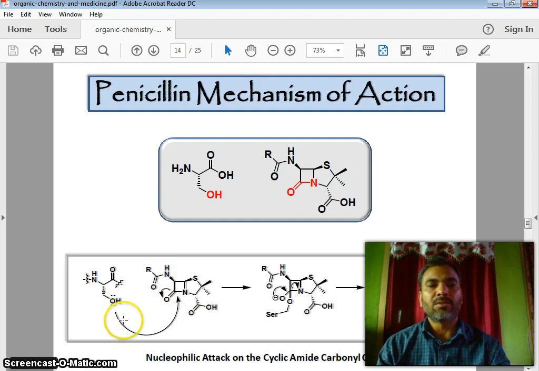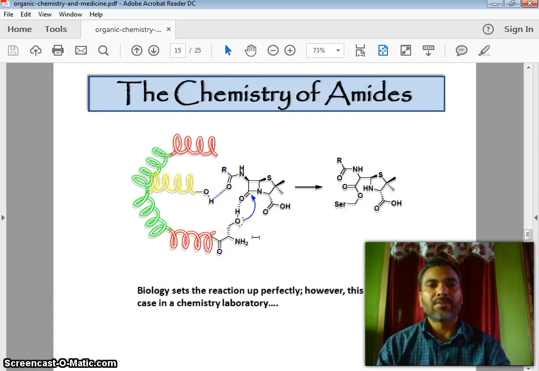If you have this O, it will attack on this carbon, forming such a situation, and then you see the breaking of this ring, which is a 4-member ring. Nucleophilic attack on the cyclic amide carbonyl carbon. Now chemistry of amides, look at here.